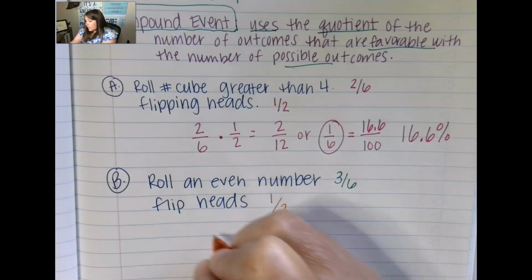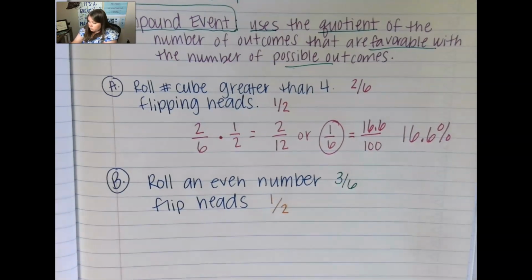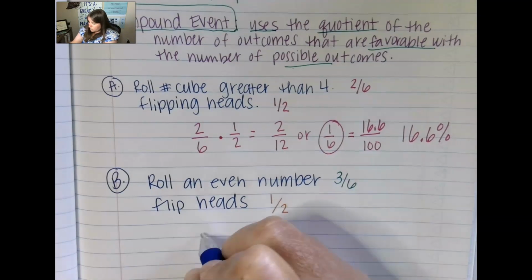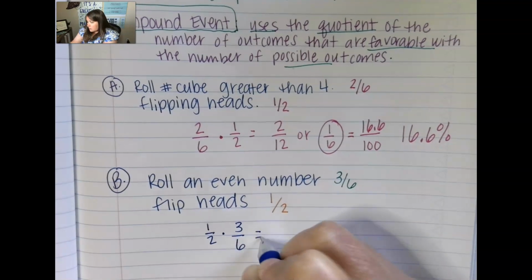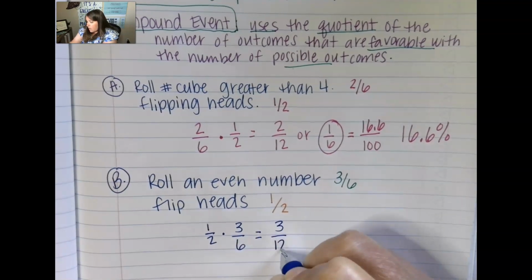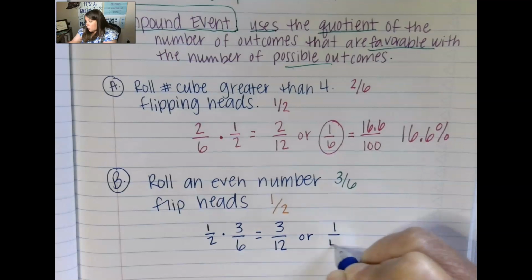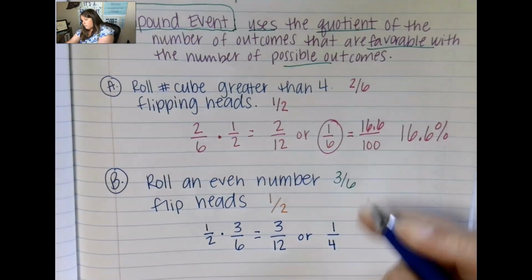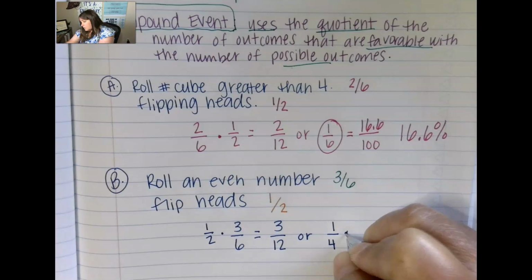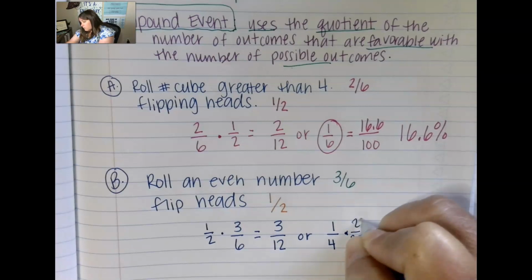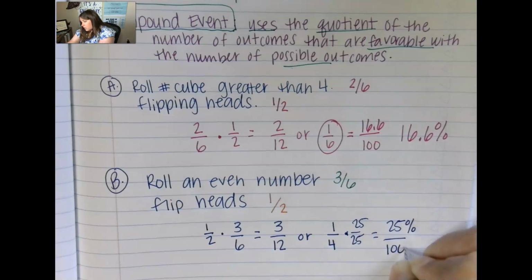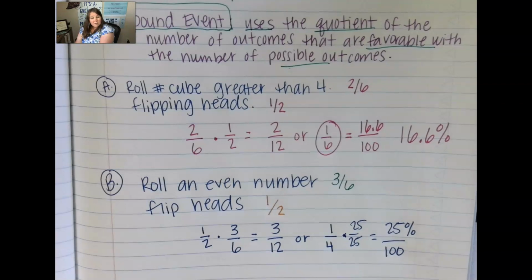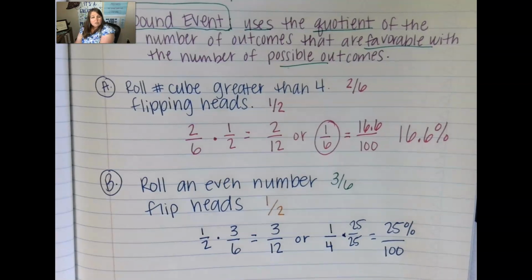So I have a total of 1/2 times 3 over 6, which gives me 3 over 12, or I can reduce this down to 1/4. We know that 1/4, if I multiply this by 25 over 25, gets me 25% out of 100. So there's a 25% chance of rolling an even number while flipping heads.